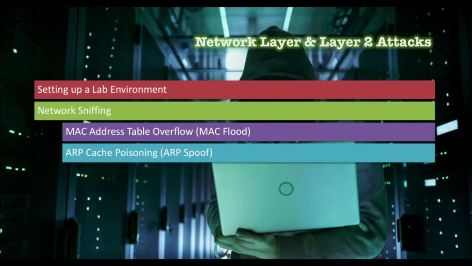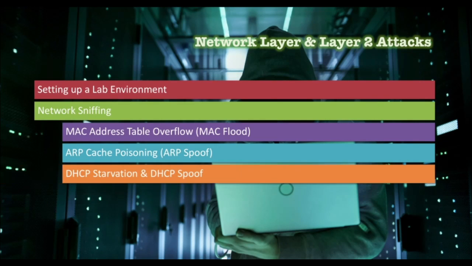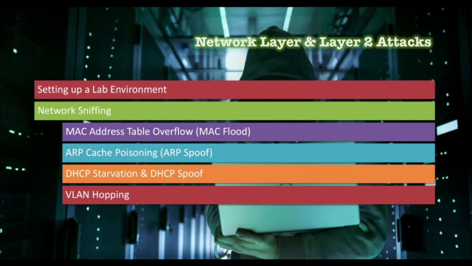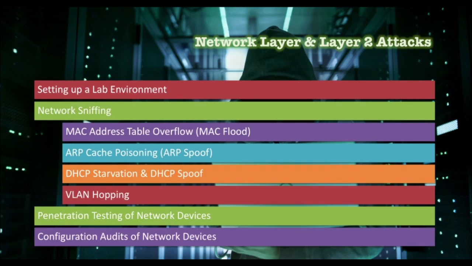ARP cache poisoning attack, also known as ARP spoof. DHCP starvation attack and DHCP spoof. And VLAN hopping techniques. And then we'll see what else we can do on network layers in a pen test, cracking passwords of the communication channels, compromising SNMP, and all of that.